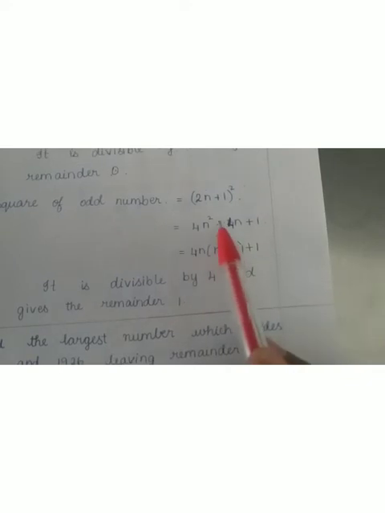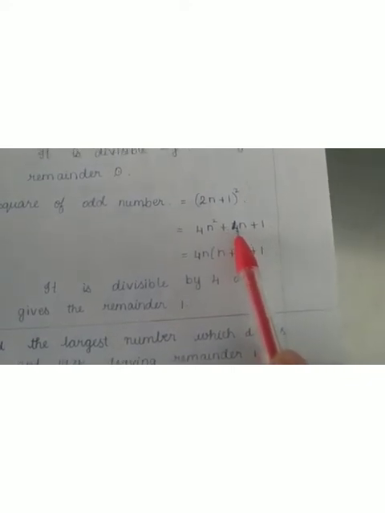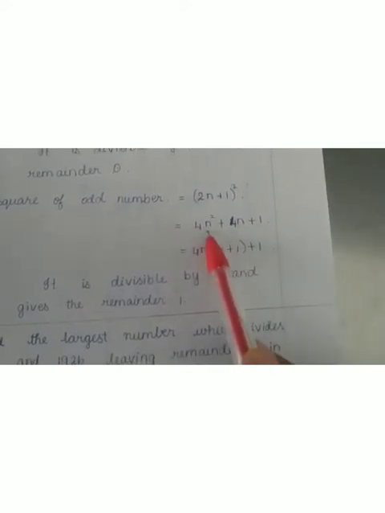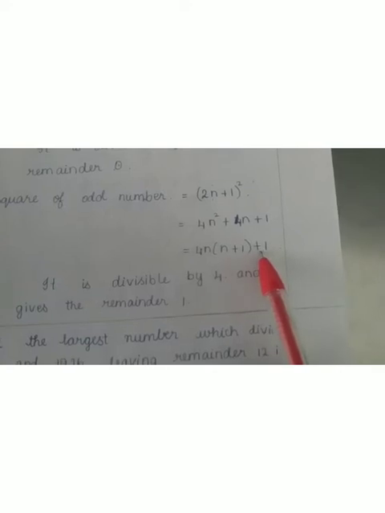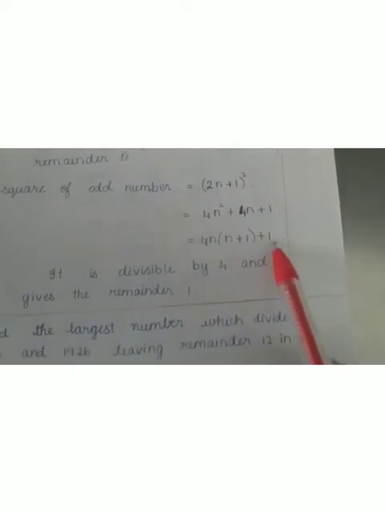Taking 4n as the common term and rearranging, we get 4n into n plus 1, plus 1. So here also it is a multiple of 4, plus 1, so it leaves the remainder 1.